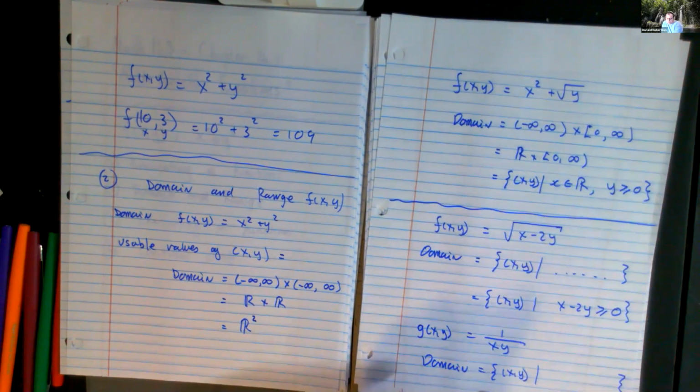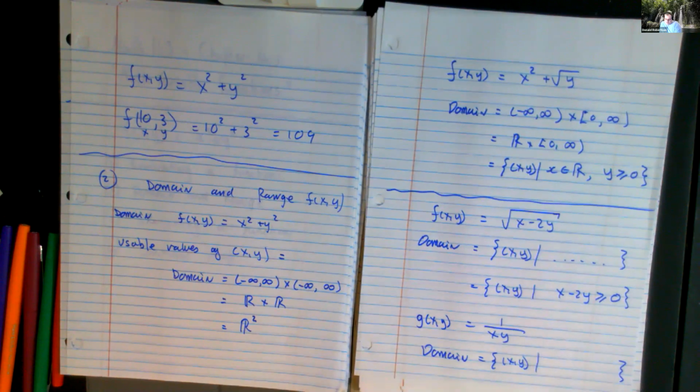Okay. That function there can be used except when either X or Y are 0. Or if you put that together, XY can't be 0, right? Because you could have X 2 and Y 42, that's okay, but X 2 and Y 0 is not okay. So you just say XY is not equal to 0.